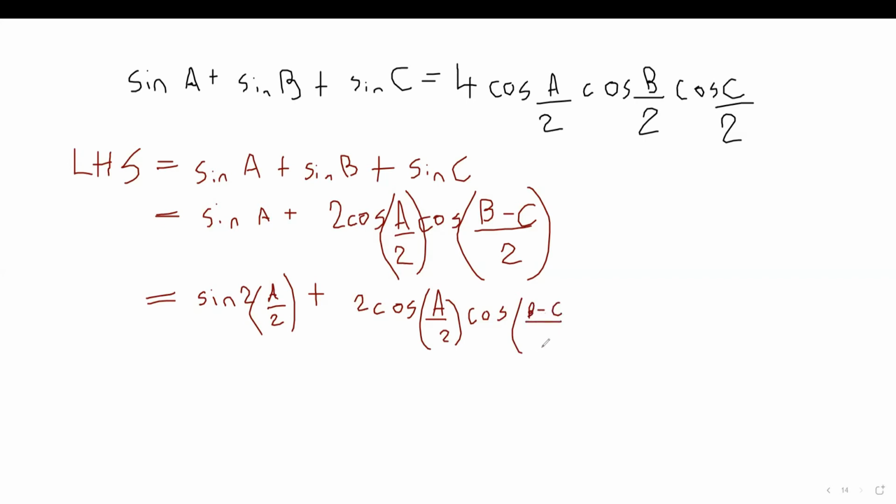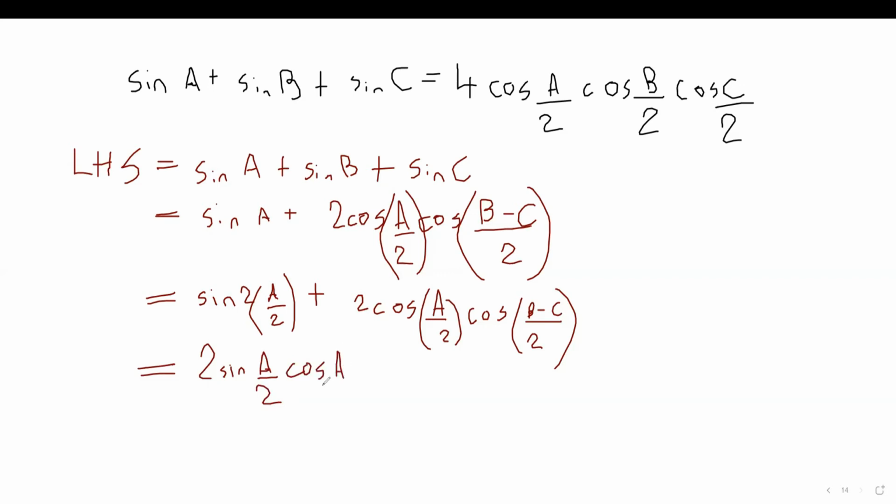Now this sine 2A is 2 sine A over 2 cos A over 2 when I expand it using the double angle formula.